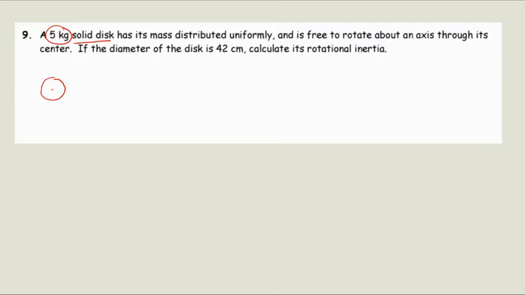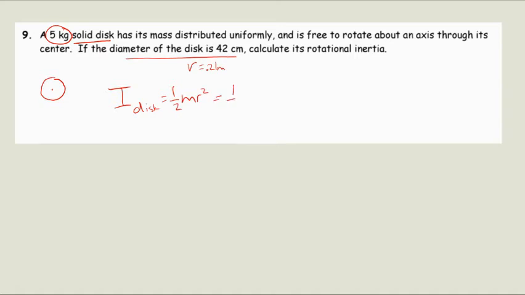So going from the diameter of the disk, the radius is going to end up being 0.21 meters. Calculate the rotational inertia. When I'm dealing with the rotational inertia of a disk, that is equal to 1/2 mr squared.